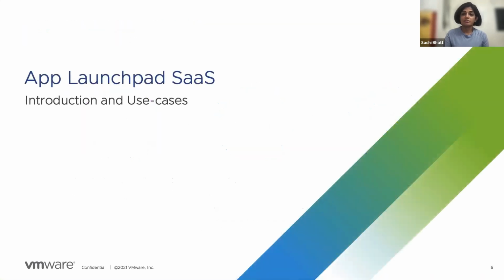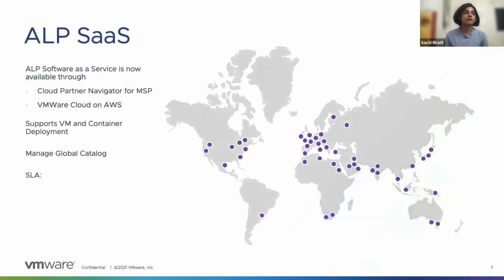All right. So let's look at what ALP SaaS is now. With ALP SaaS, we don't have to install App Launchpad as an extension for each and every VCD or CDS instance the provider might have. And you can also deploy applications on VMware Cloud on AWS on the vSphere infrastructure directly.